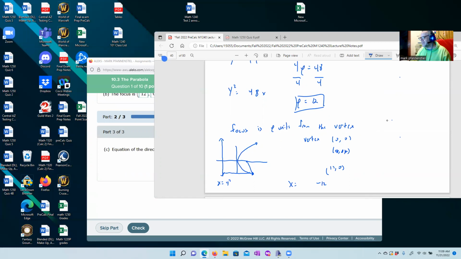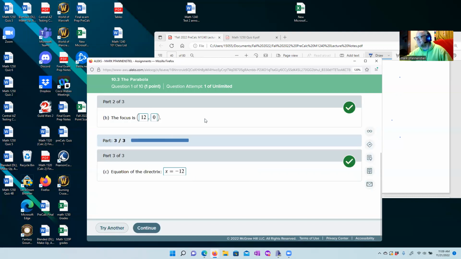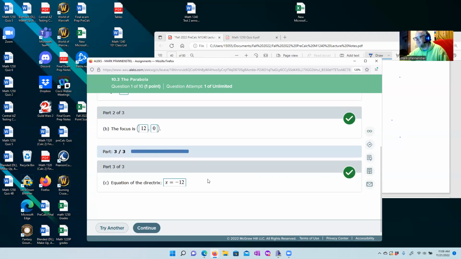So the focus is p units away, and the directrix is negative p units away. So x equals negative 12. Okay, done. And we can move on with our lives.